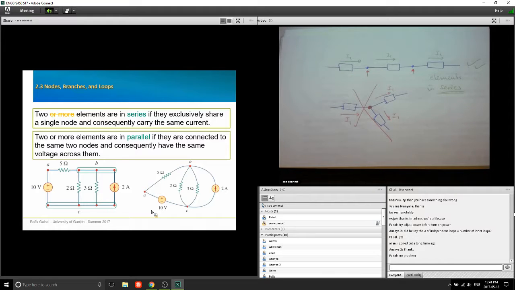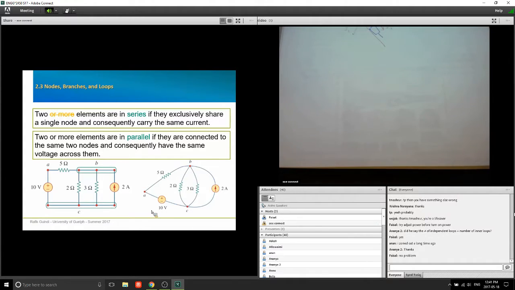Now, when they are in parallel, we say 2 or more elements are in parallel. And here I'm okay with the or more part of the definition because it works for parallel. I don't have an issue here. So 2 or more elements are in parallel if they are connected to the same 2 nodes and consequently have the same voltage across them. This is the definition of elements in parallel. So let's see.